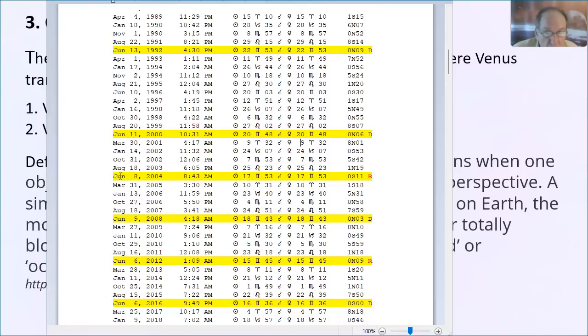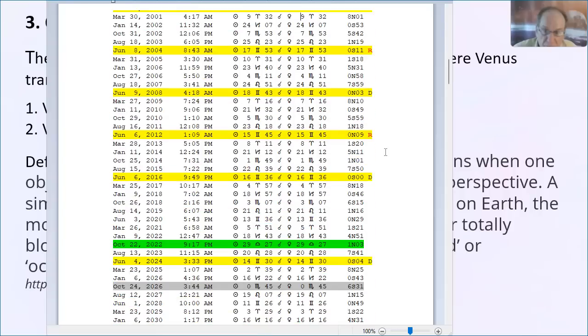So this one on June 8th, 2004 at 17 Gemini 53. Something to look at, something to research. And the one on June 6, 2012 at 15 Gemini.